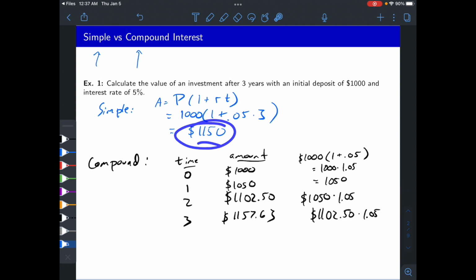But what we can notice here is that in the simple interest formula, the value was 1,150, whereas the compound interest is 1,157 ish. So they're not very different from each other.